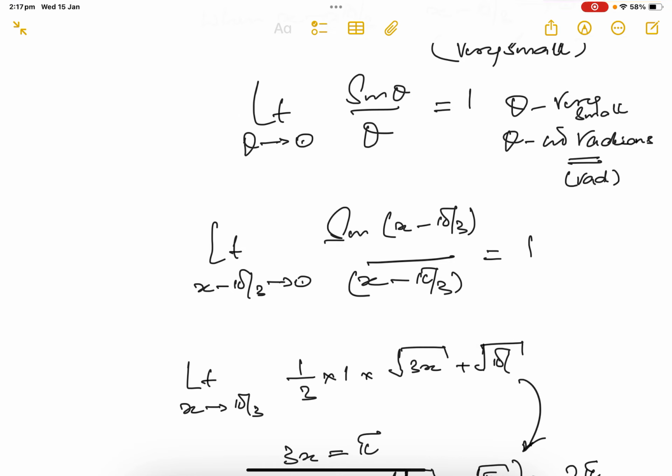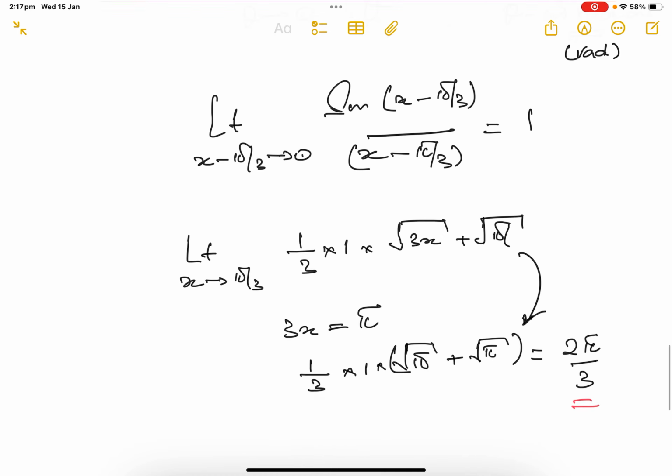So we know this x minus pi over 3 is very small. It almost tends to 0. So sine of x minus pi over 3 over x minus pi over 3, that is why I took the 3 out before. This part is just 1 because of the trigonometric identity. Now we are getting close to closing the question. Right, rewrite it. Limit as x tends to pi over 3.